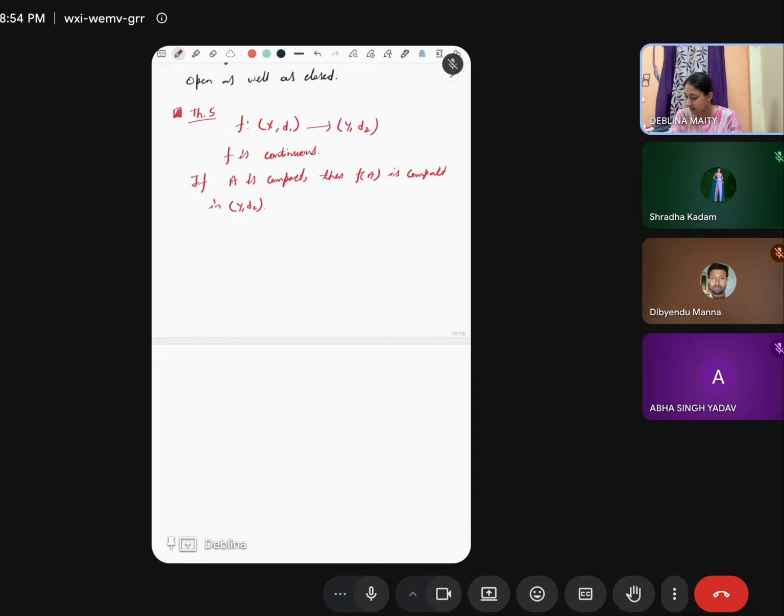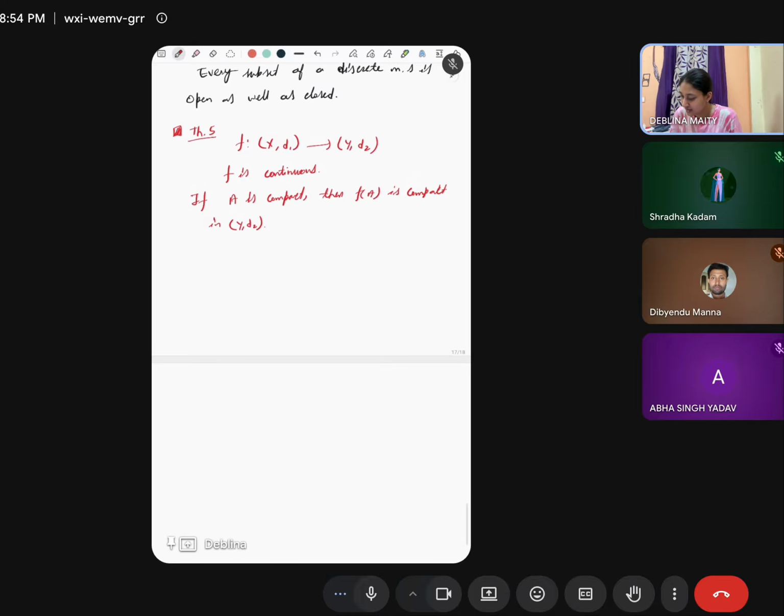And now the question is, if this property holds, that the image of every compact set is compact, does this mapping have to be continuous? So there is a map which sends every compact set to a compact set.